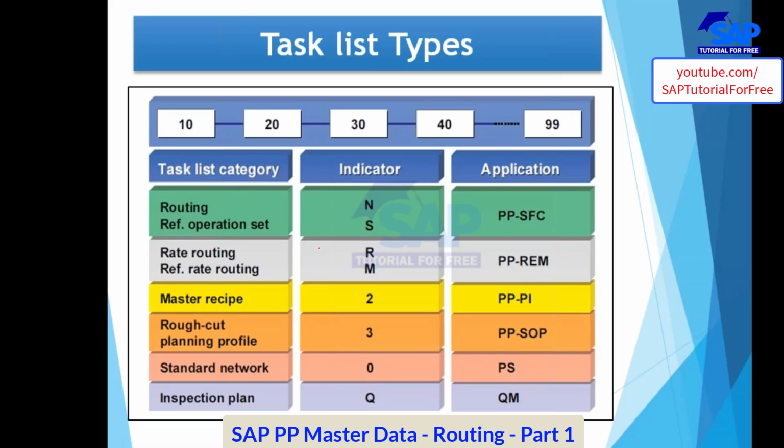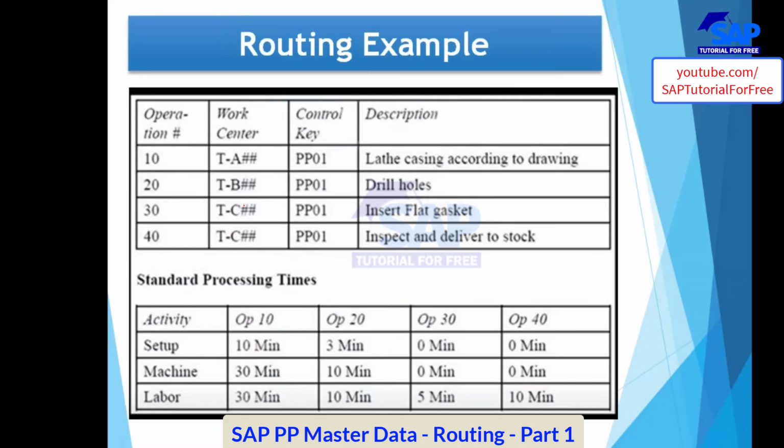So this is how a routing looks. Here you maintain the operation number and the work center. Yesterday we discussed what a work center is in detail. Then you maintain the control key, which we'll discuss in a minute, and the operation description.